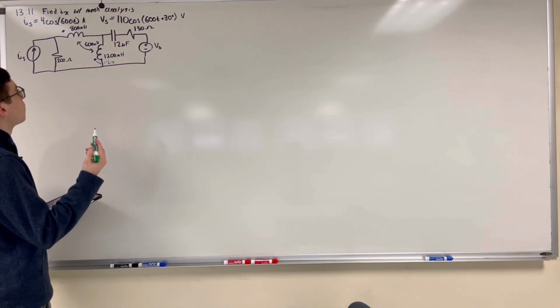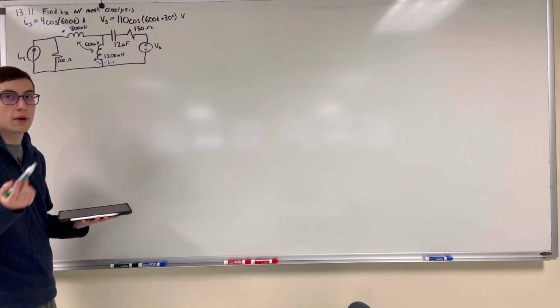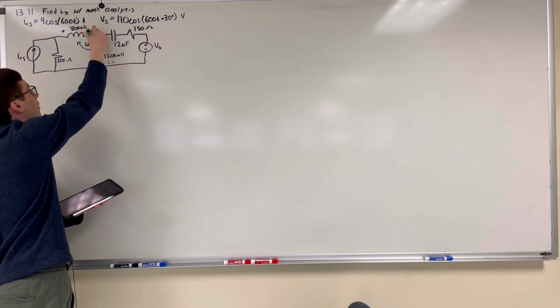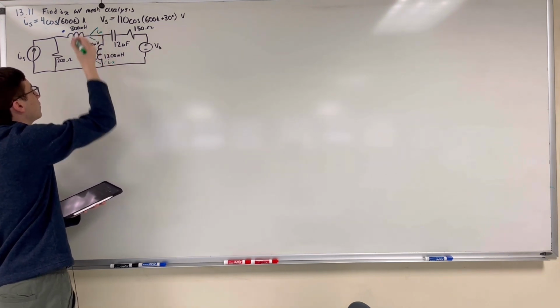I want to have positive dot convention for this. You can do negative dot convention, it doesn't really matter, just make sure you're consistent. So I'm going to say that the current is going to be coming this way. So we have IL coming that way.